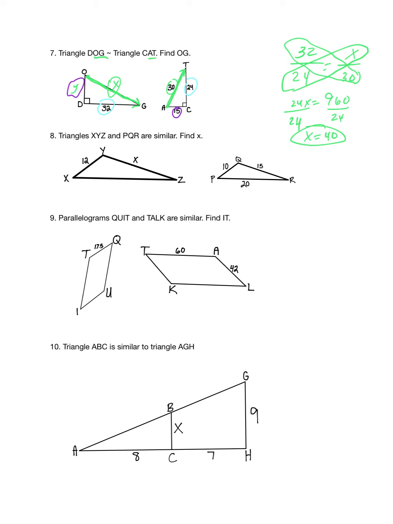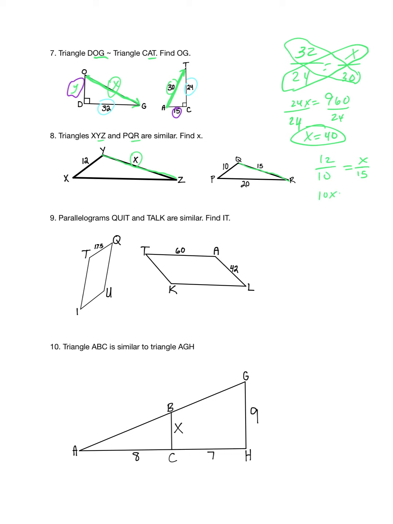All right, triangles XYZ and PQR are similar. X to Y. We want X, which is here. So that's the Y to Z, which is the same as Q over to R. So there we go, Q to R. So X over 15 equals 12 over 10.